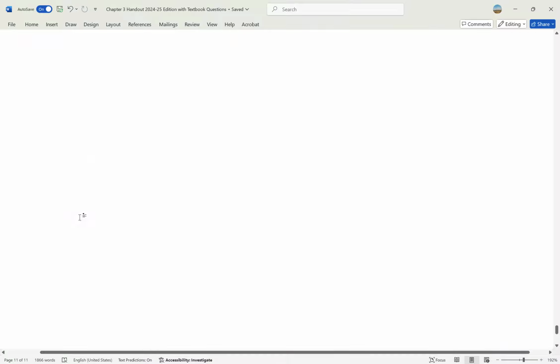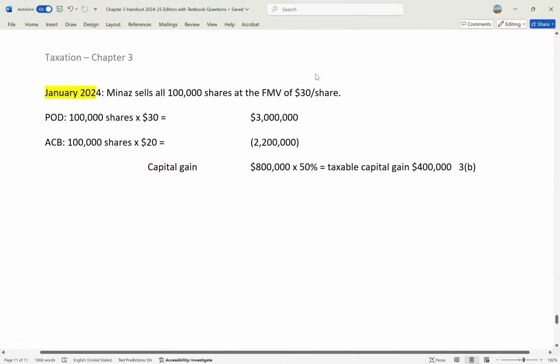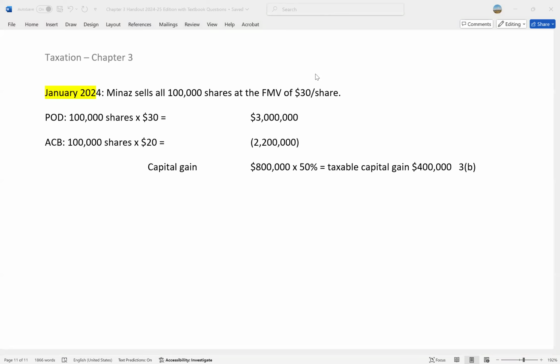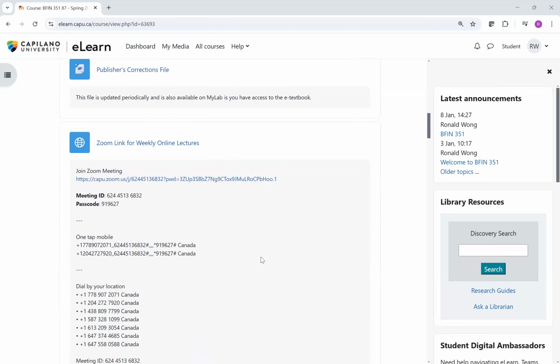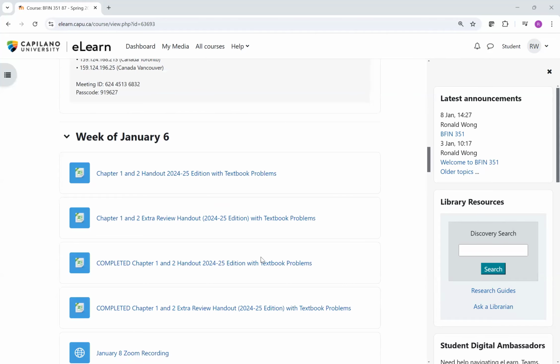What I want to do is bring up eLearn quickly and talk a little bit about what we're going to be doing next week. So this is the course eLearn page, and we've gone through, last week was chapters 1 and 2.